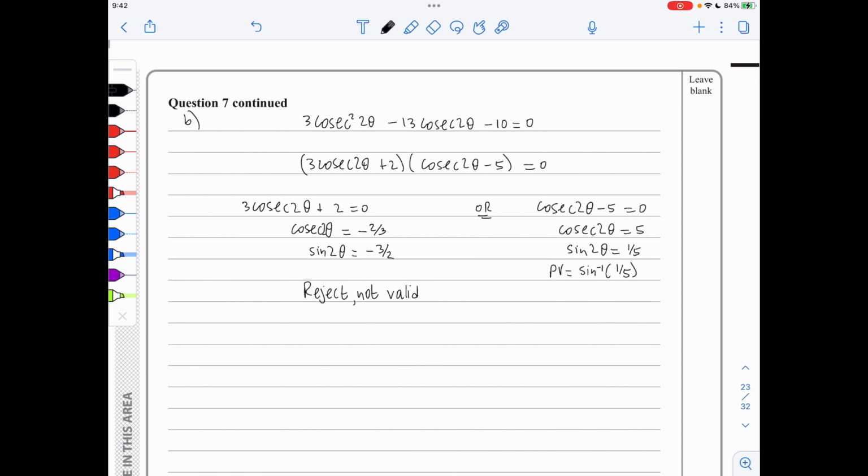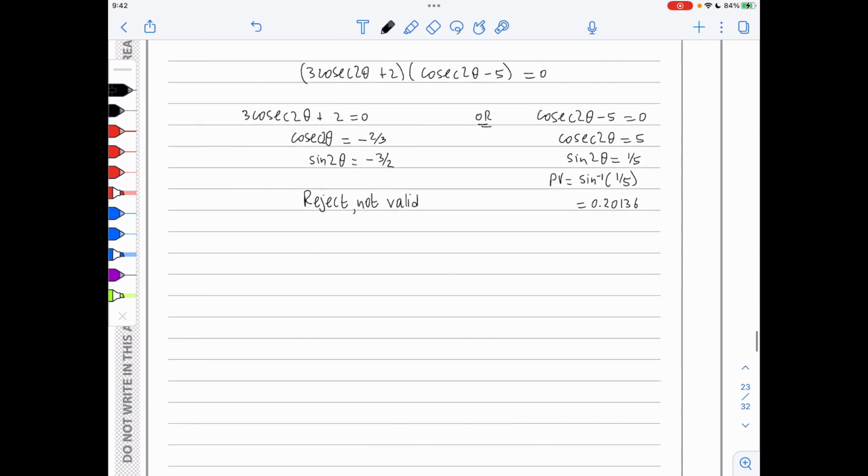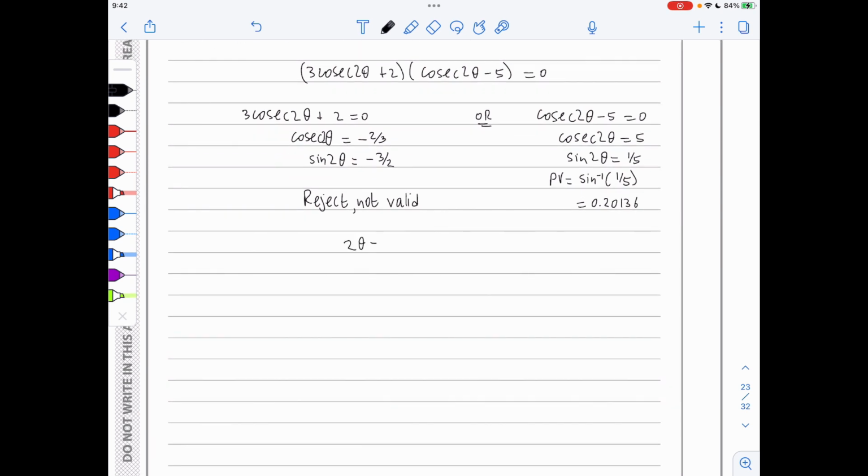This gives an answer of 0.20136, and therefore we have that 2θ is my PV plus 2πk, or 2θ is π minus the PV plus 2πk.